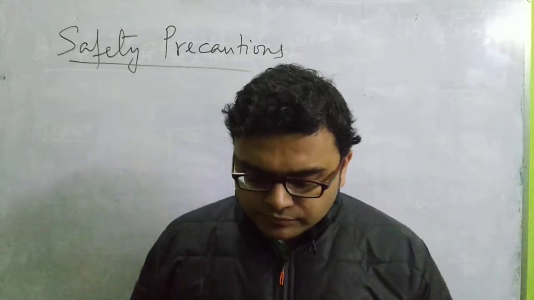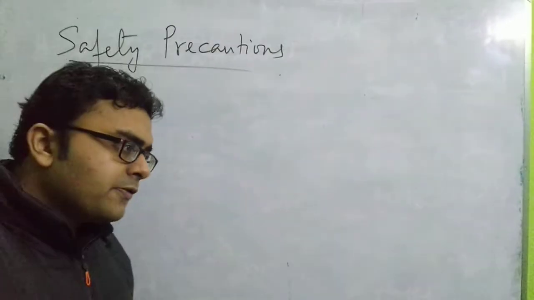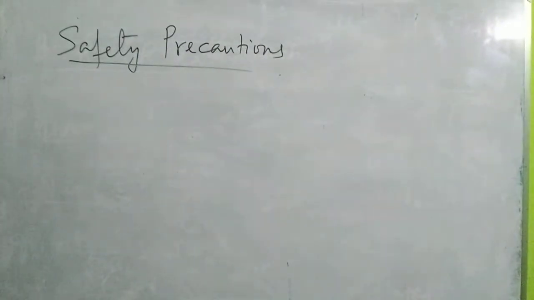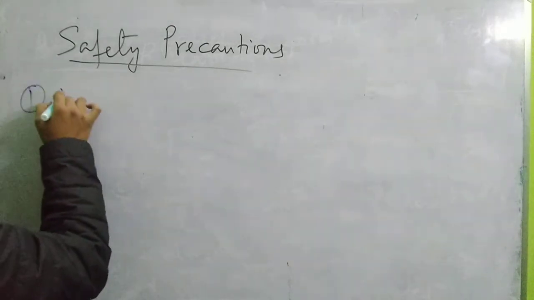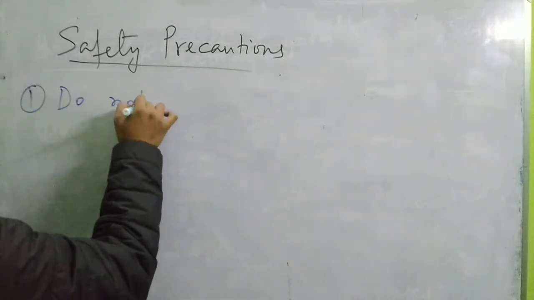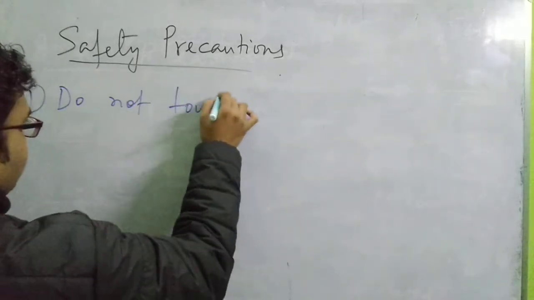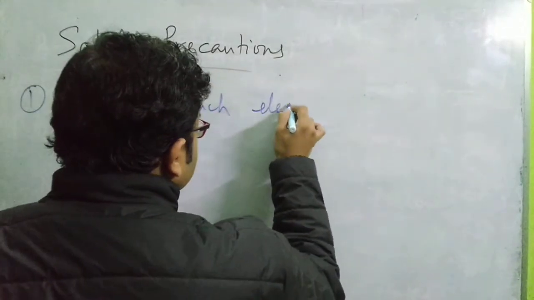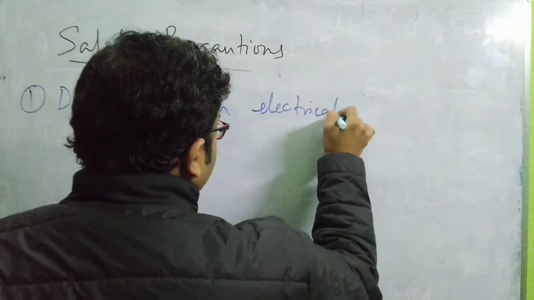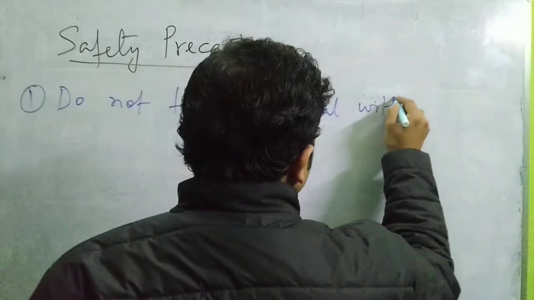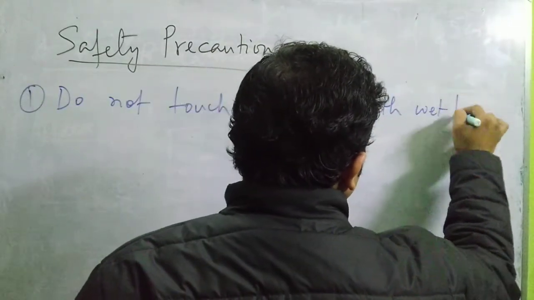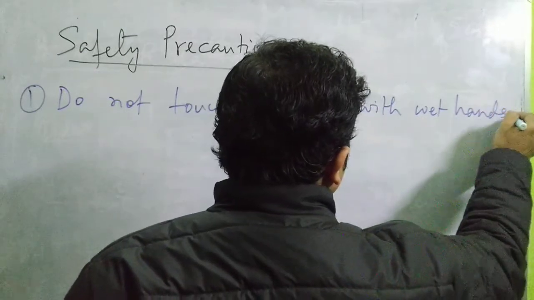First of all, you should be very careful that you do not touch any electrical device with wet hands. This is a very important point that you must all remember.